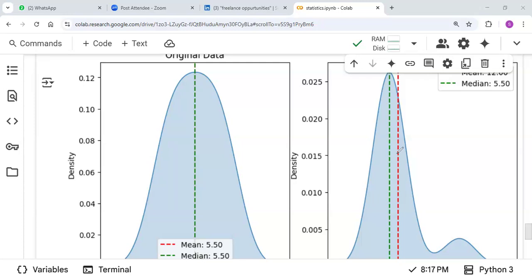This sort of skewness is called right skewed, also called positive skewness. If the skewness is on this side, it is called negative skewness, or left skew. Here this represents the mean, and this represents the median.